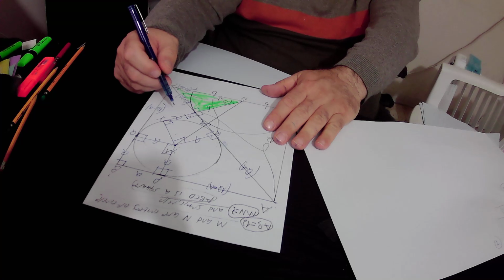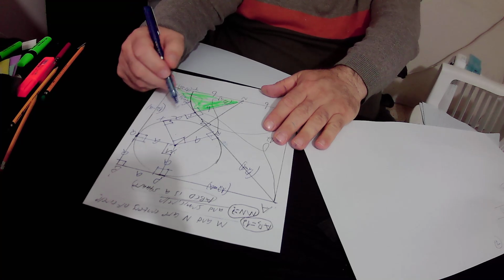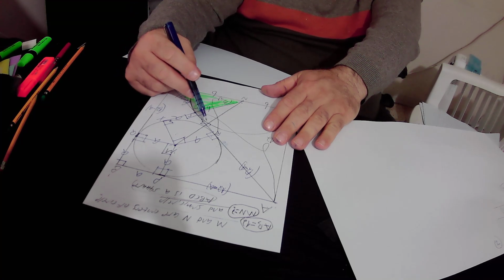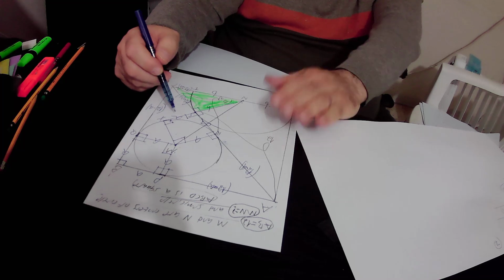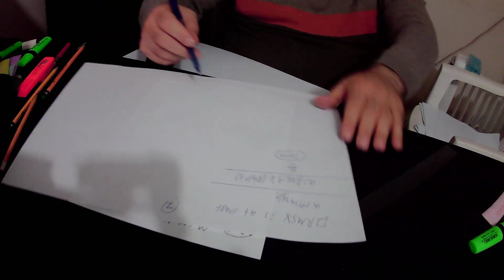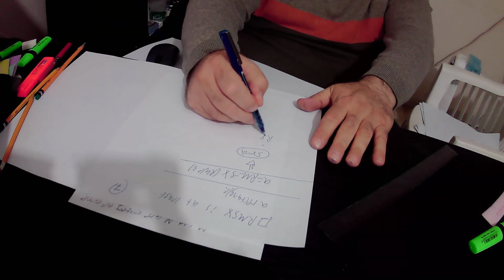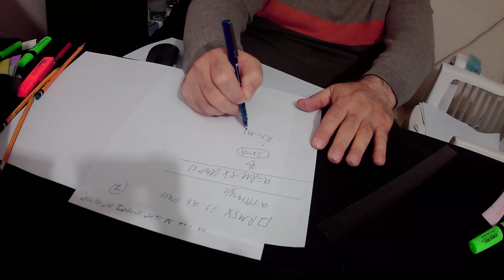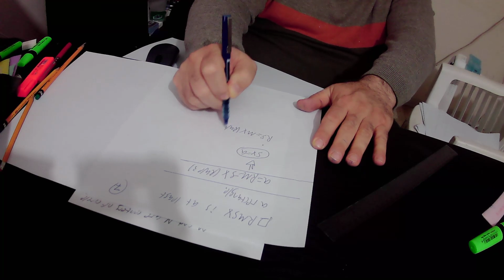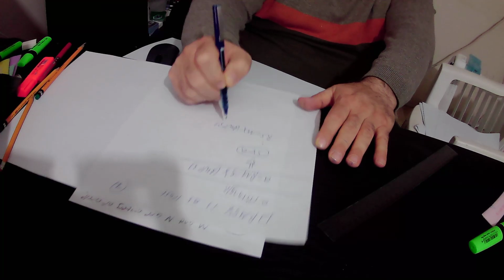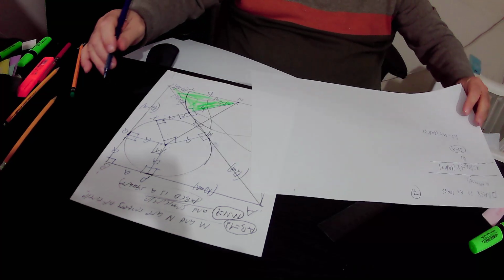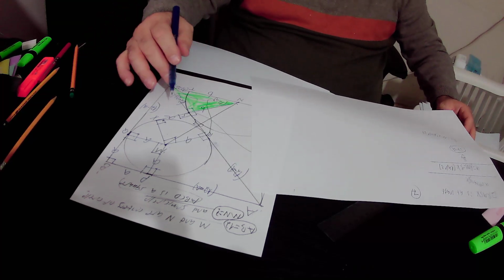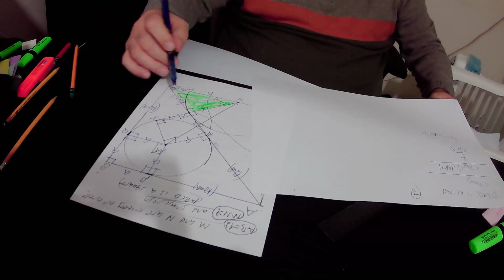Likewise, in rectangle RMSX, Rs must be equal to Mx according to rule number 3. Rs equals Mx.